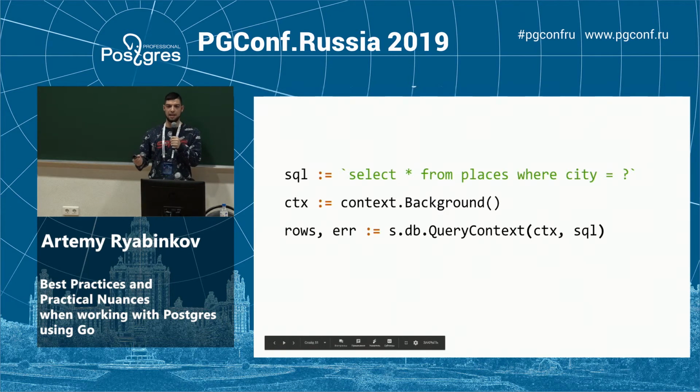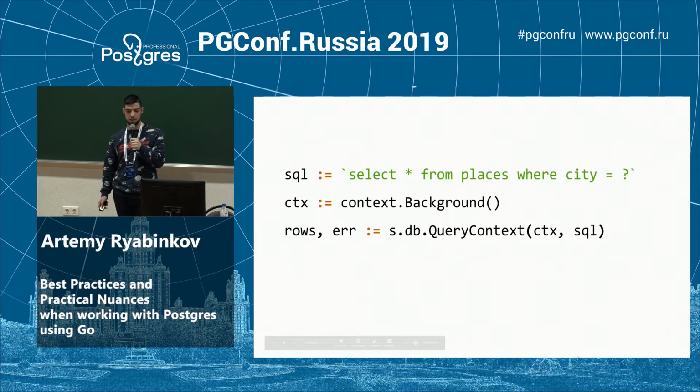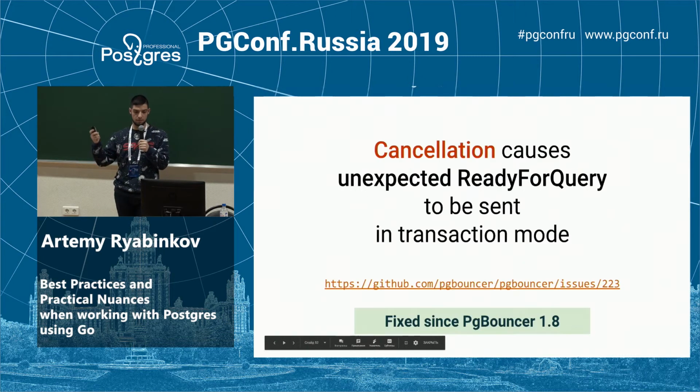So what did we do against this? We just redefined the contexts, and we said that our context will never be cancelled. If earlier the user could cancel it in the browser, now if the user makes a query, it will wait until it is executed. It's not the best case, but then we had no problems with PGBouncer.